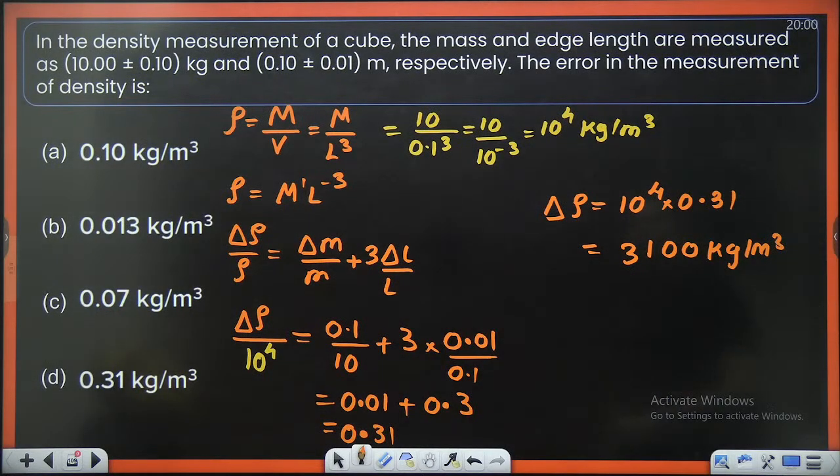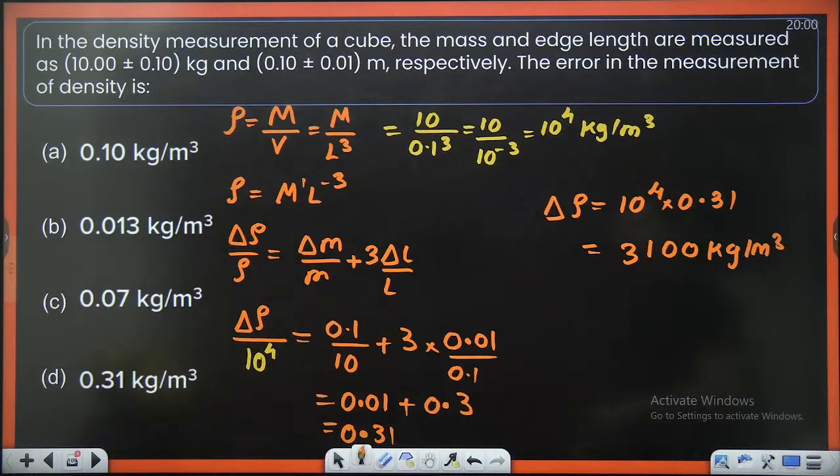So I'm cubing it, so 10 to the power minus 3 becomes 10 to the power 3 into 10, which is 10 to the power 4. Correct, no problem there. This is 0.1 divided by 10, which is 0.01, and this is 0.3. So 0.31, and it is coming out to be 3100.